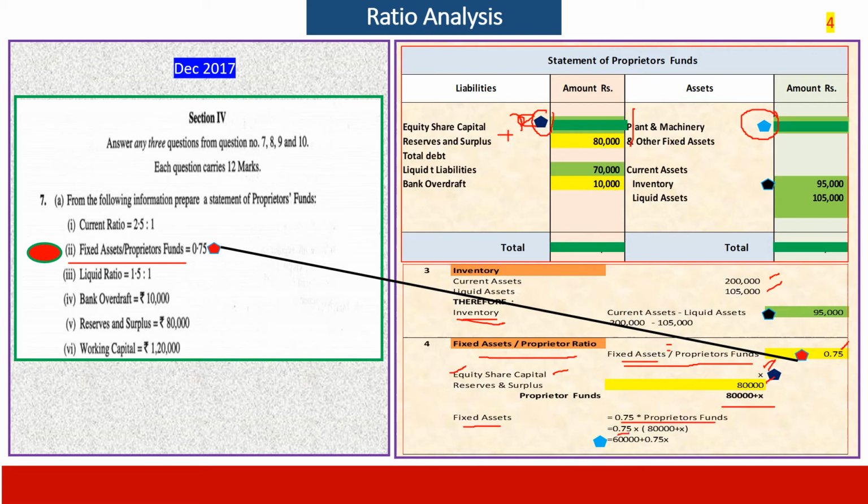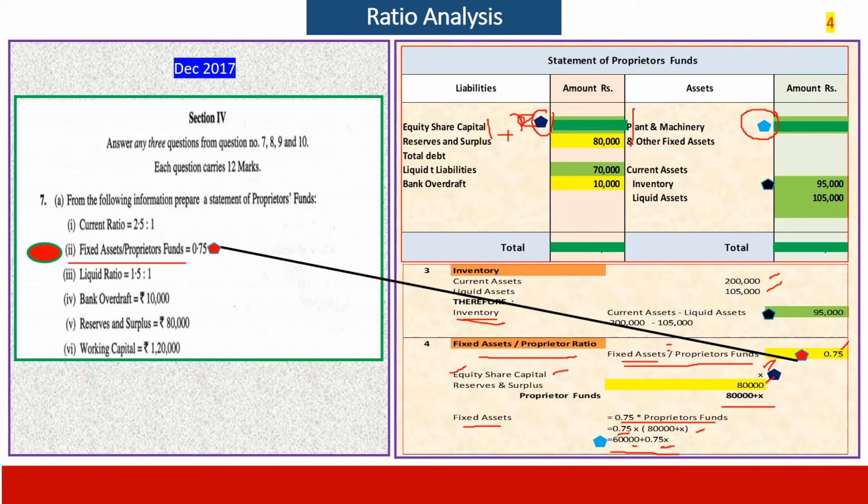What is proprietors funds? Proprietors fund is net worth. We have defined it here as 80,000 plus X. When you multiply and further squeeze it, 0.75 into 80,000 is 60,000. 0.75 into X is equal to 0.75X.